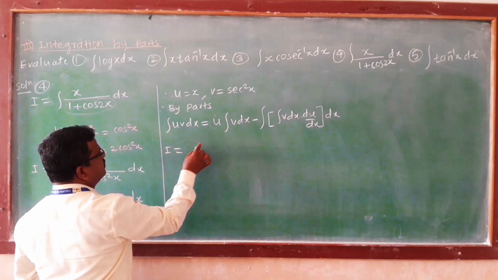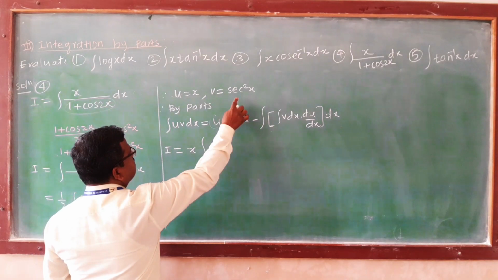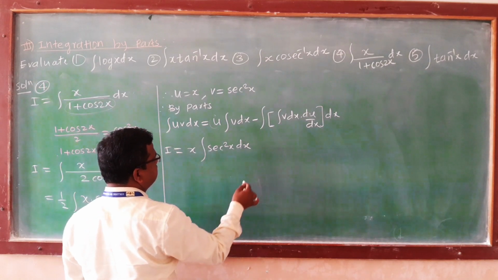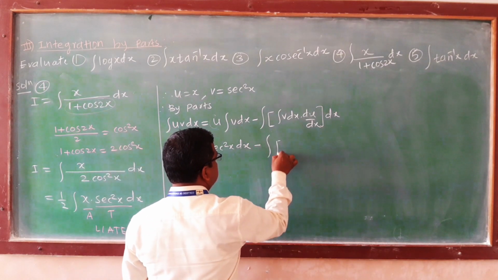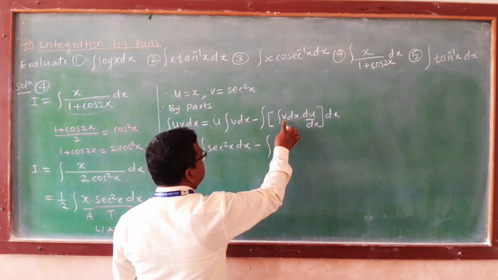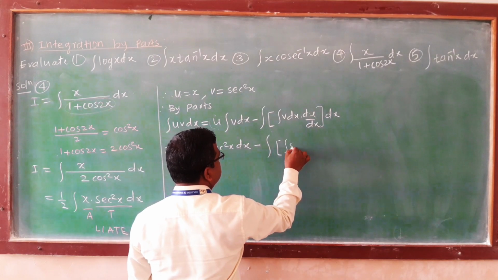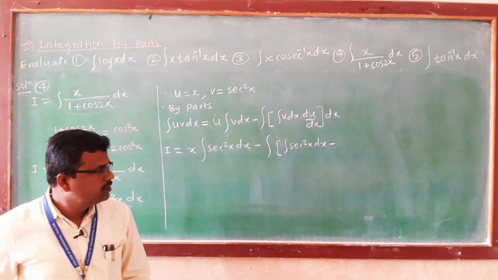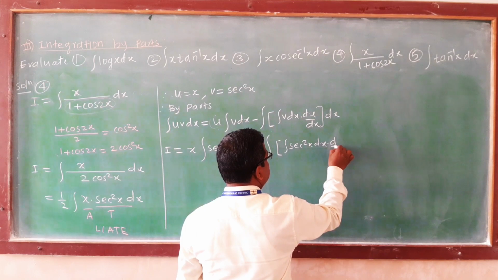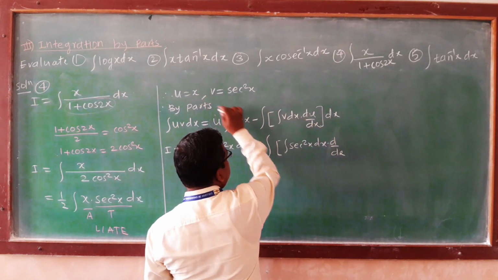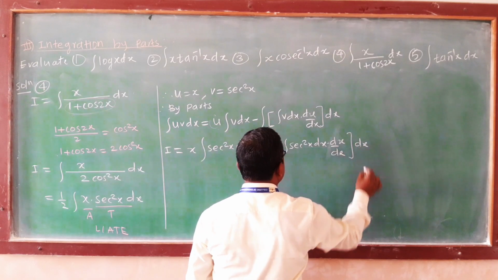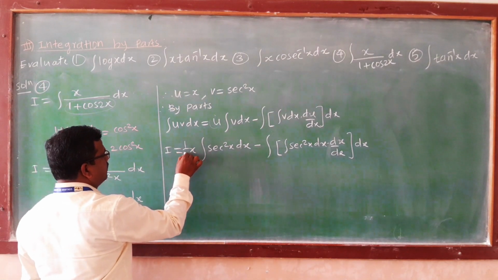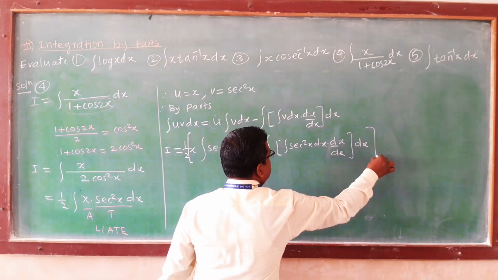Therefore I is equal to u means x, integration of v means sec square of x dx, minus integration of square bracket v means here integration of sec square of x dx, into du by dx of u means here x with respect to x, and take this 1 upon 2, carry this 1 upon 2 into this bracket.